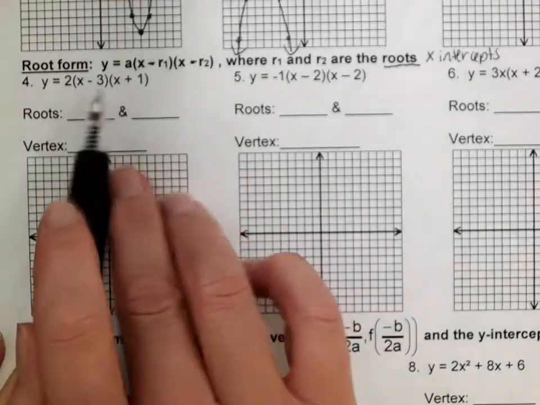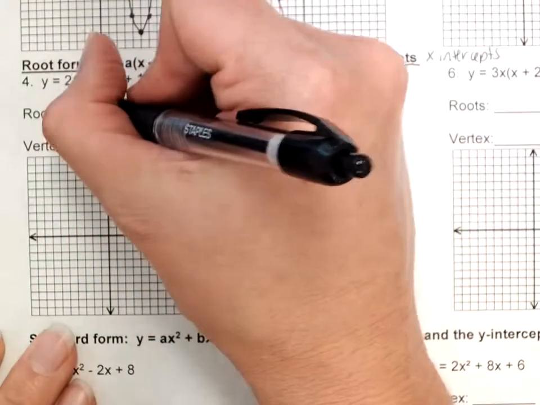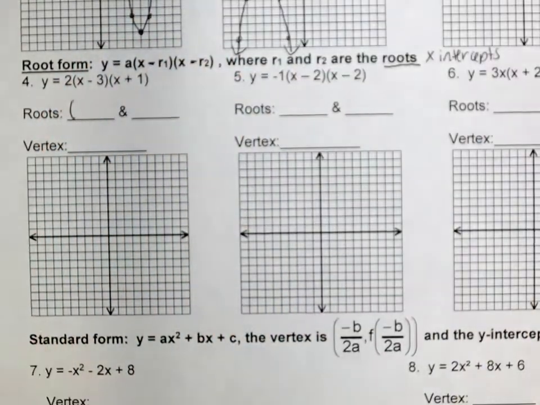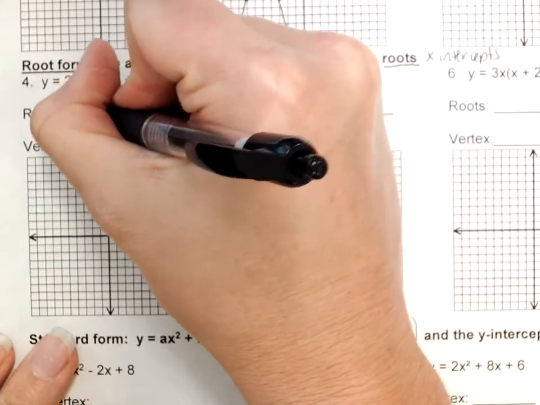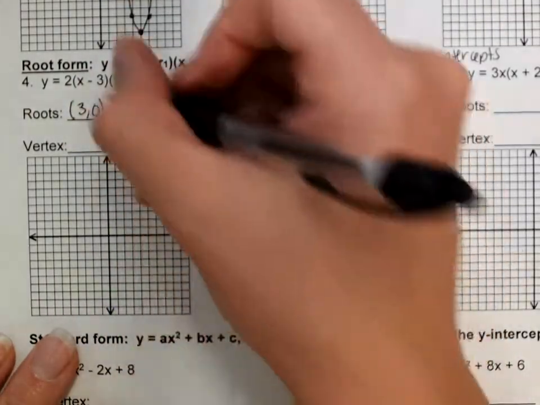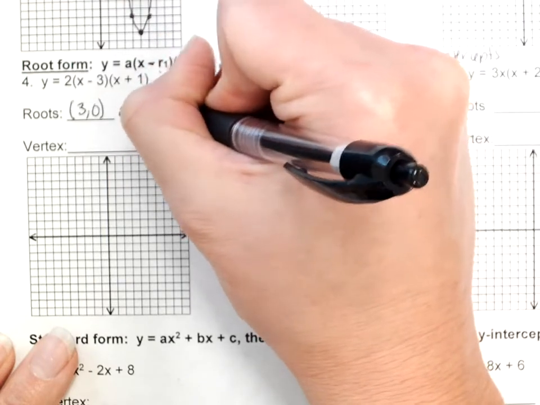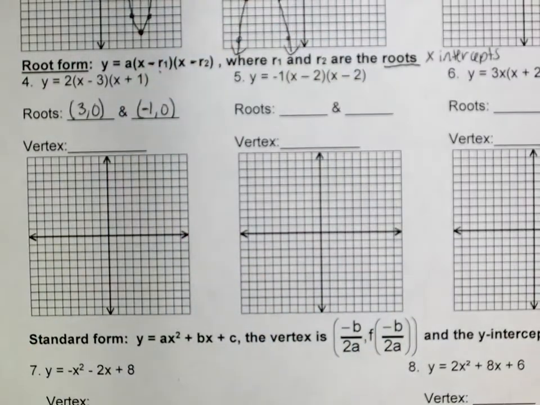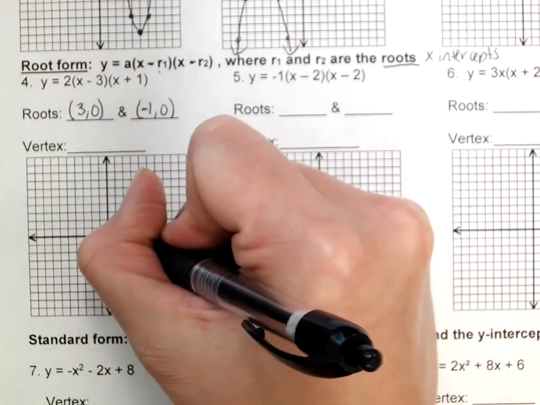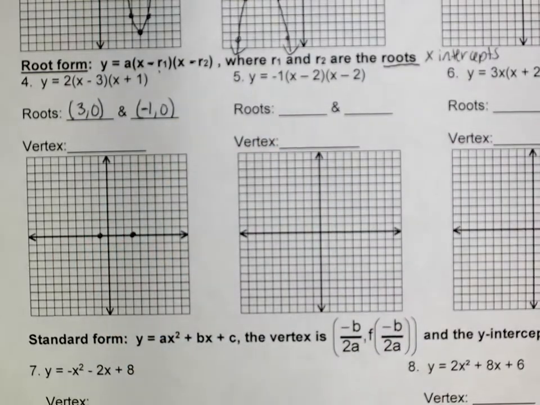So knowing that x minus 3 is a factor, then I know that my x-intercept is going to be at positive 3, 0, because notice there's a minus in the equation. Same thing for my second root, it's going to be at negative 1, 0. Okay, 3, 0, and negative 1, 0. So that's what I'm going to do. Here's 1, 2, 3, 0. Here's negative 1, 0. Okay.